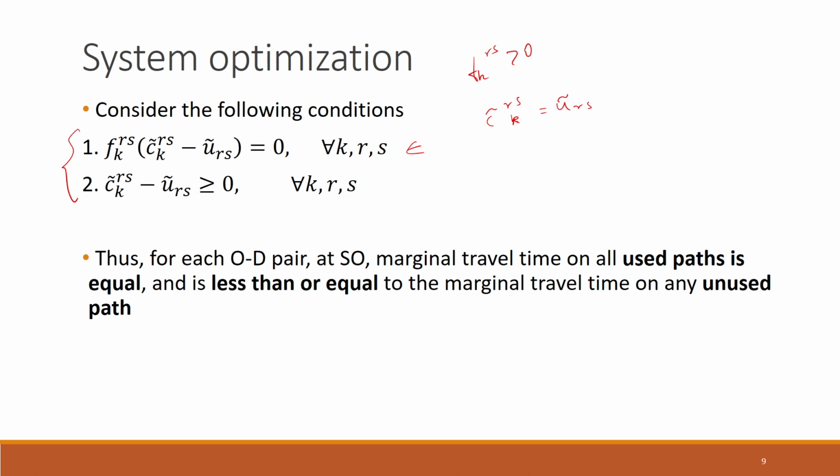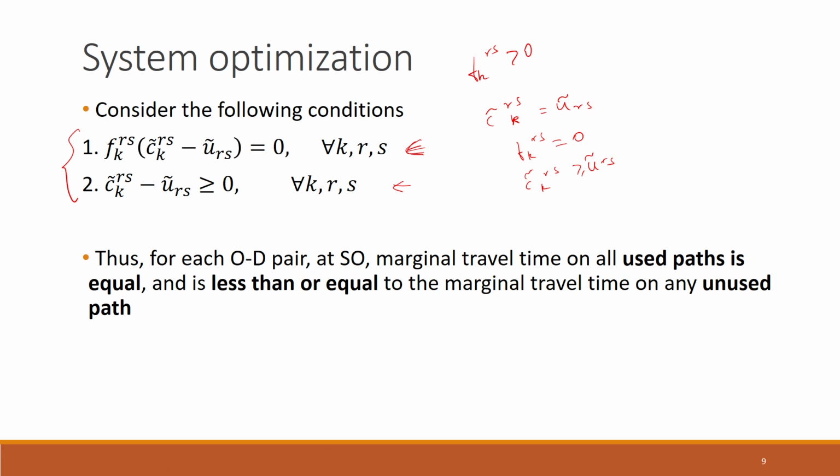And if we have a path K connecting R to S that is not getting used, that is it is unused, that is it is having zero flow, then we do not get any additional information from this first equation. I mean, there is no restriction from there, and the only thing that we know is that C tilde KRS has to be greater than or equal to U tilde RS from the second condition here.